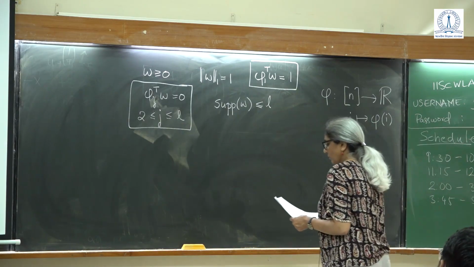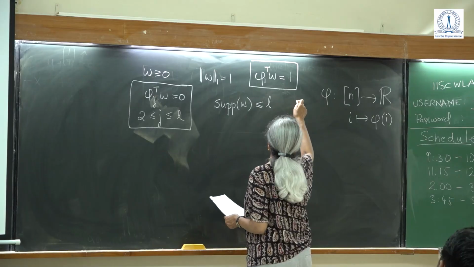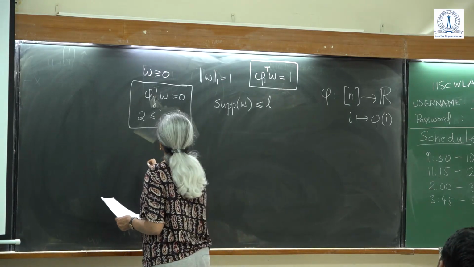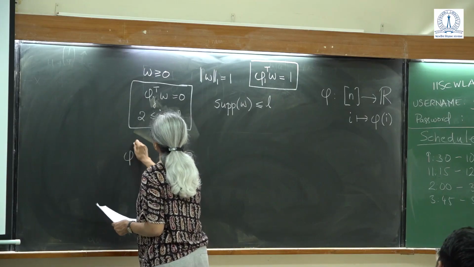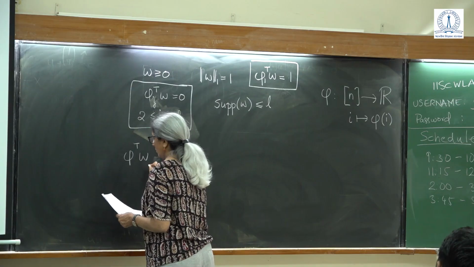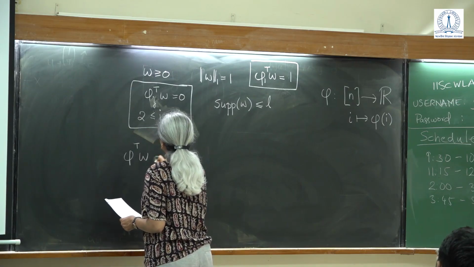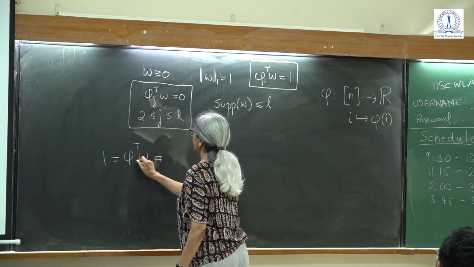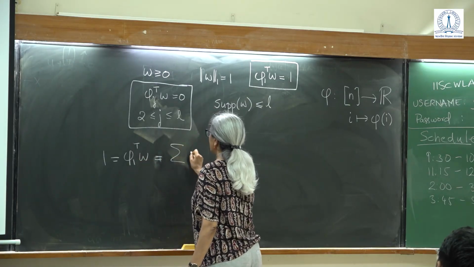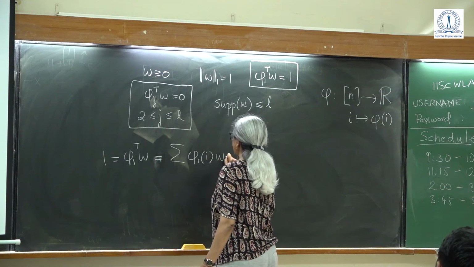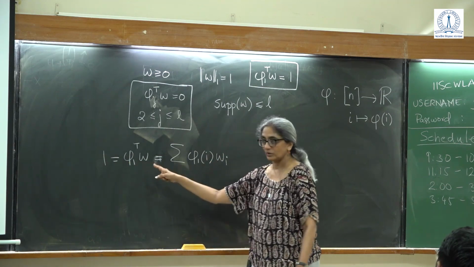Now let's think what this is actually doing. Let's look at this box. phi1 transpose W is equal to 1. If I rewrite it, this is saying that the sum of phi1 i times w i is 1.